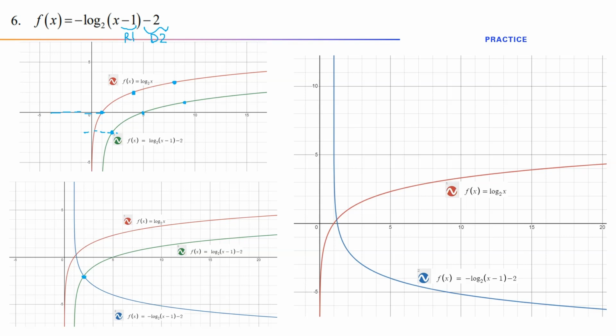So this is the point. Now we flip it over y equals -2 because we go down 2 units. And also we have the vertical asymptote at x equals 1 because you go to the right 1 unit. So the third graph right here is the final answer.